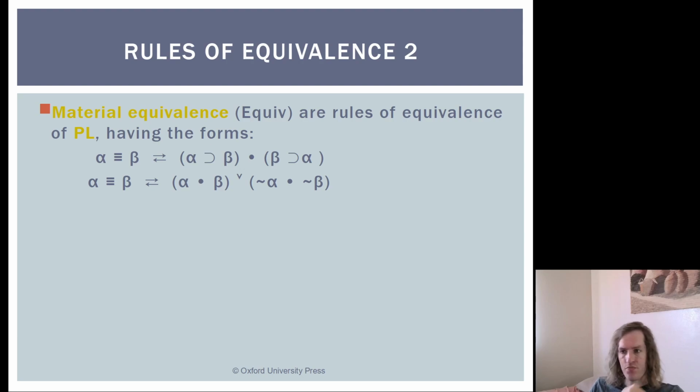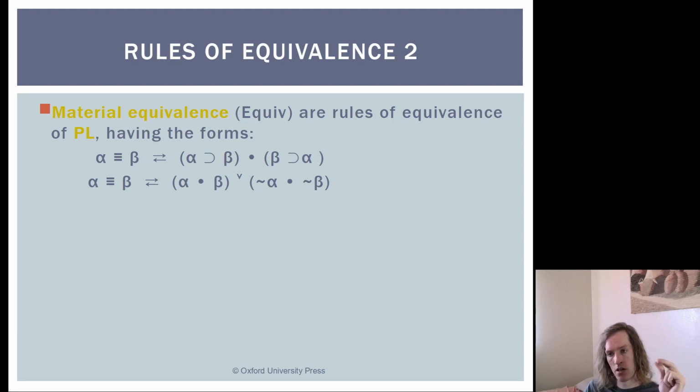Okay. So it's really important that the alpha and betas go both ways with these conditionals, which is why I had to stop and fix this. So material equivalence in the first case, if we start with alpha if and only if beta, this is equivalent to if alpha then beta, and if beta then alpha. It goes both directions. Two conditionals where the antecedents and the consequents are swapped, and there is a conjunction that is connecting them.